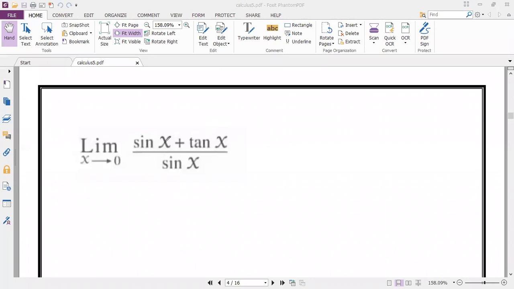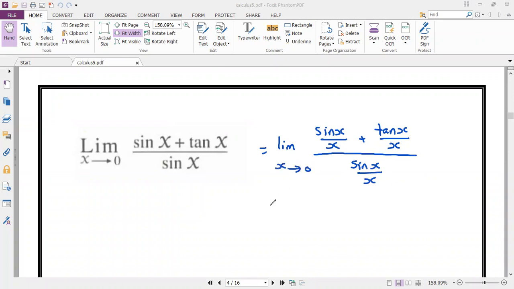Here, I want to find the limit of sine x plus tan x over sine x when x tends to 0. Divide the numerator and the denominator by x. So that is going to be the limit of sine x over x plus tan x over x, all divided by sine x over x when x tends to 0.